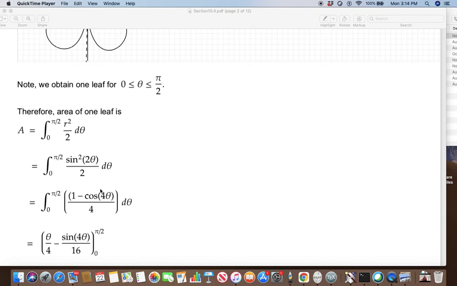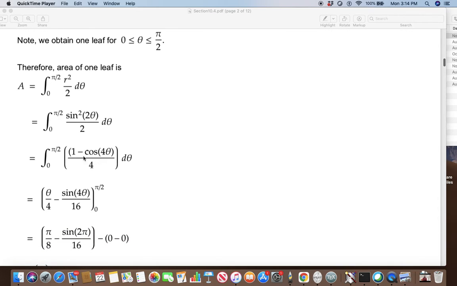There is a 2 already and one more division by 2 gives you a 4. Now this is straightforward integration. The integral of 1/4 is theta over 4, minus the integral of cosine, which is sine. Sine 4 theta gets a division by 4, which is why I have a 16 here. The limits of the integral are 0 to pi by 2.